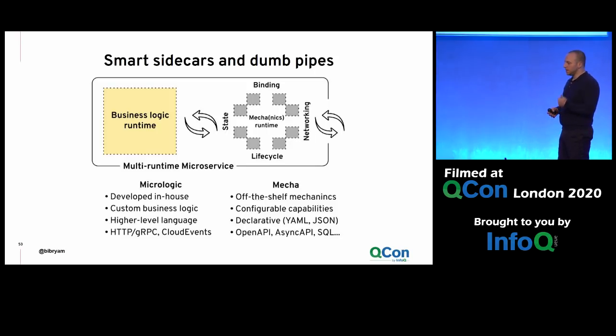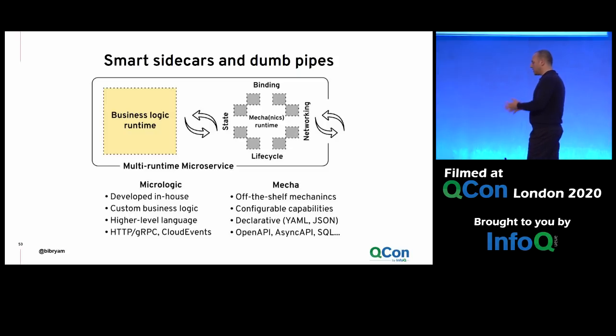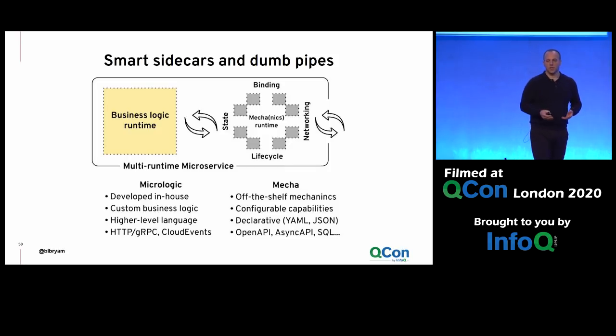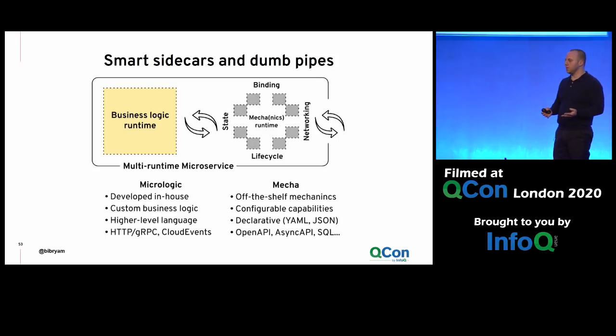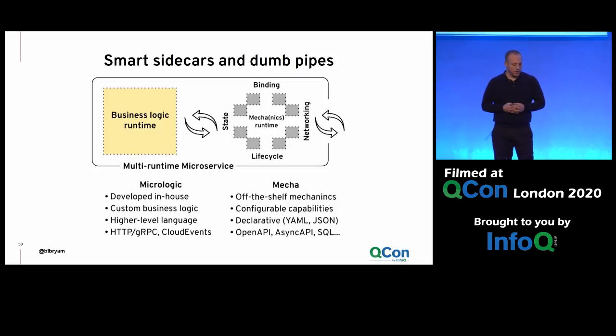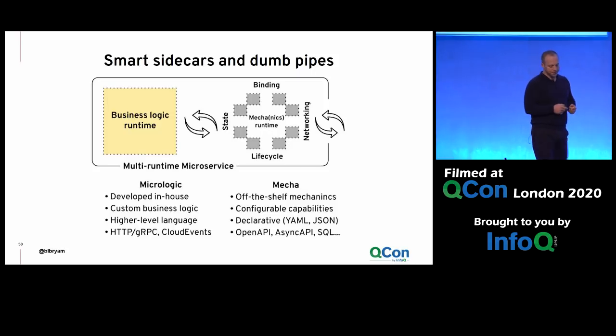That sidecar integrates with the platform, does the lifecycle management, does the networking abstractions for external systems, and gives you advanced binding capabilities and state abstraction. But the sidecar is something you don't develop. You get it off the shelf, you configure it with a little bit of YAML or JSON, and you use it. That means you can update sidecars easily because it's no longer embedded into your runtime. So it makes patching and updating easier, and it enables a polyglot runtime for your business logic.